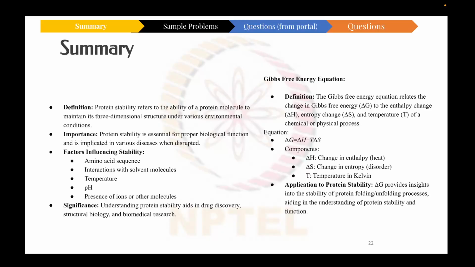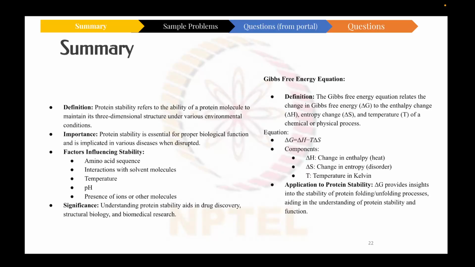When we come to the contributions to protein stability, we have the hydrophobic effect. The hydrophobic effect plays a crucial role in stabilizing the native state of a protein. When non-polar amino acid residues are buried in the hydrophobic core of the protein, they minimize their exposure to the surrounding aqueous environment.